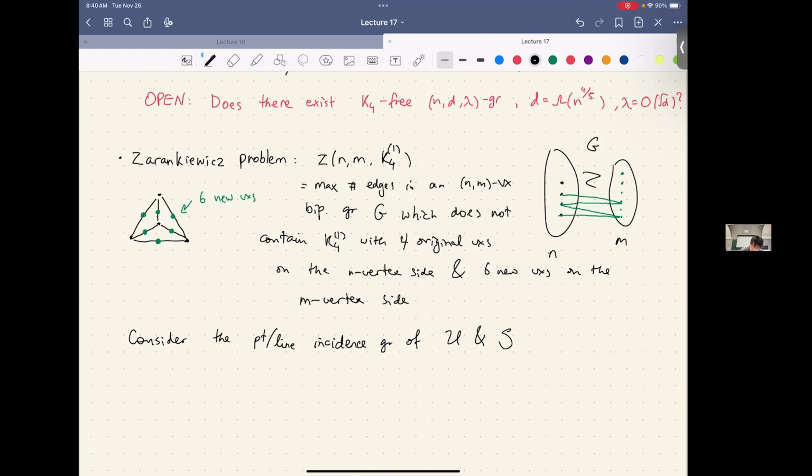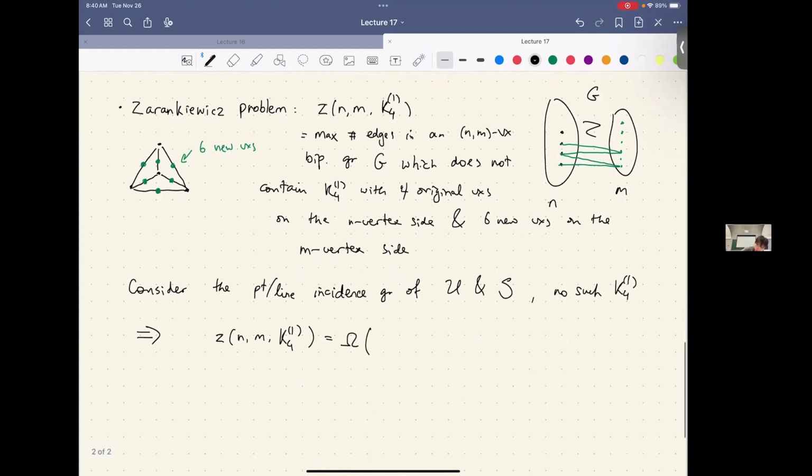Then it does not have this K4 one subdivision. You can go back and check. And this will imply that there's a lower bound.